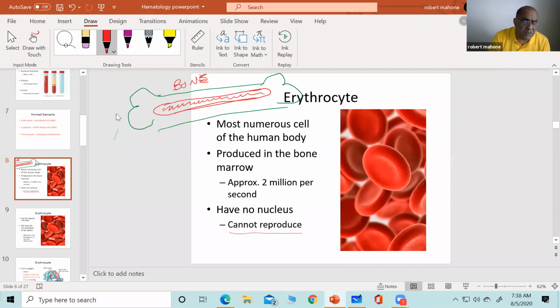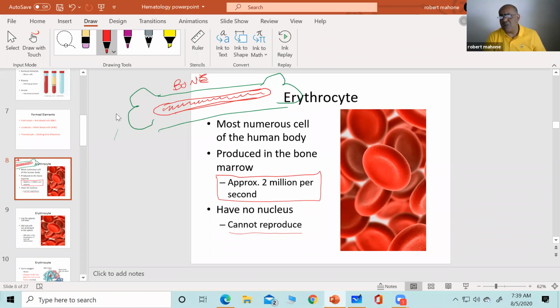They have no nucleus. As a result, they have to be constantly manufactured for us, and they're manufactured in our bone marrow. And we create them at a rate of approximately 2 million per second. So every second of your life, you're producing 2 million red cells being pushed out of your bone marrow, every second, 2 million.